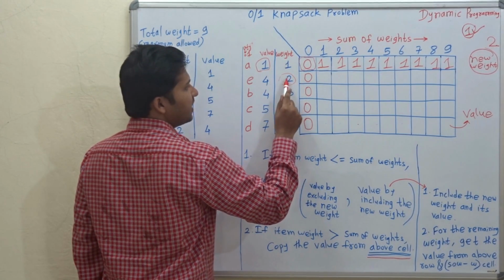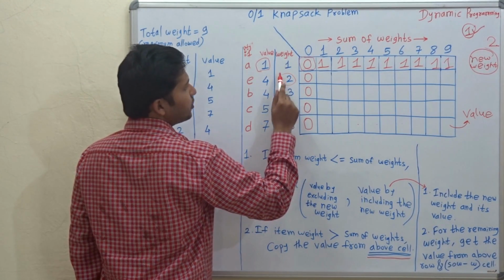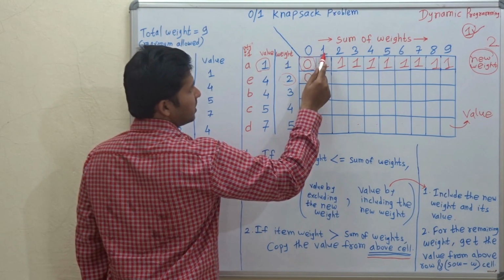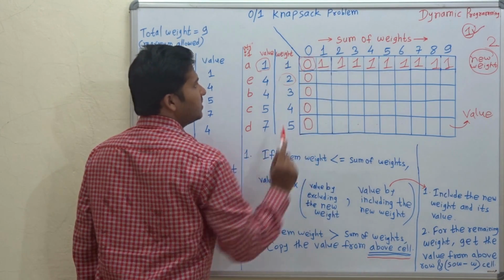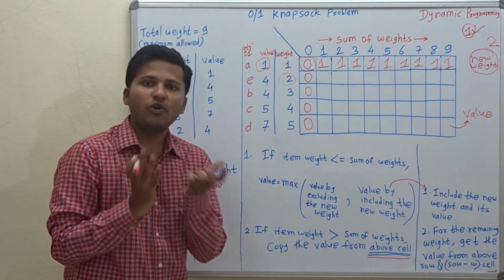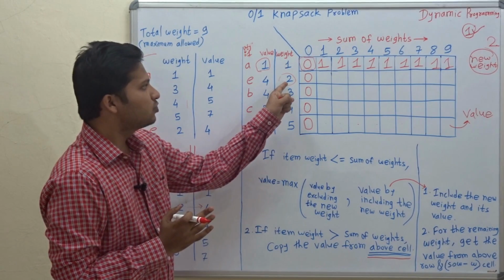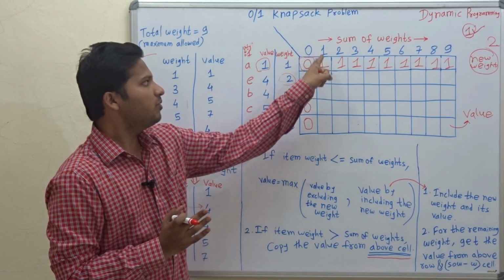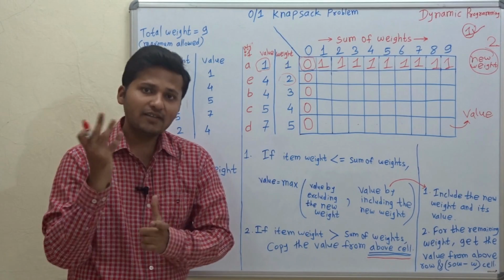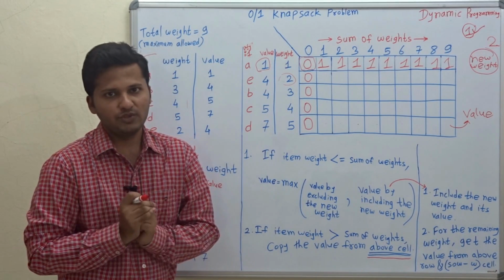So by using weight 2, can you contribute in forming sum of weight equal to 1? No, we cannot contribute because 2 is greater than 1. So if we use 2, then the sum of weight cannot be 1 because 2 is greater than 1. So we cannot contribute.